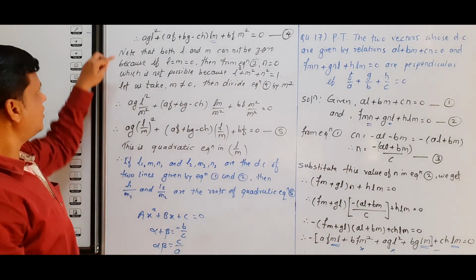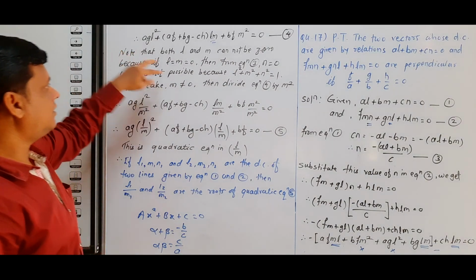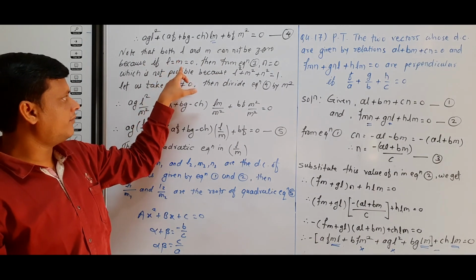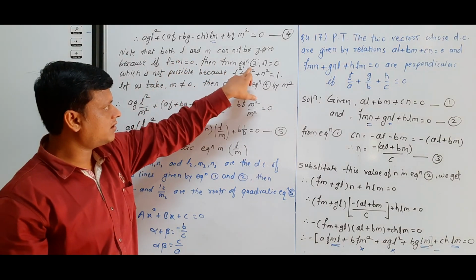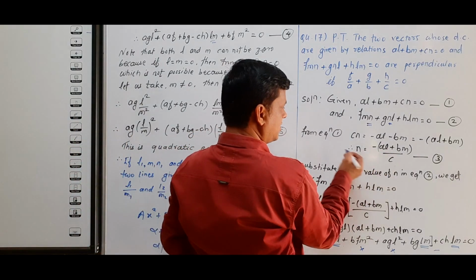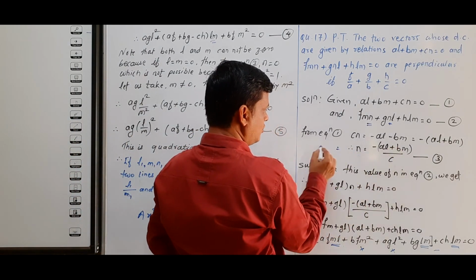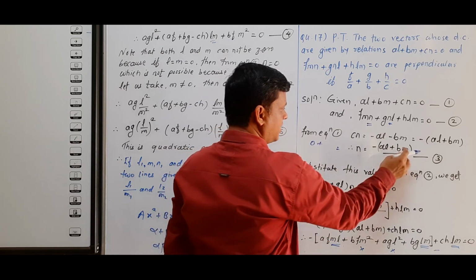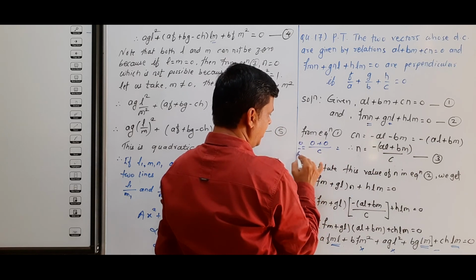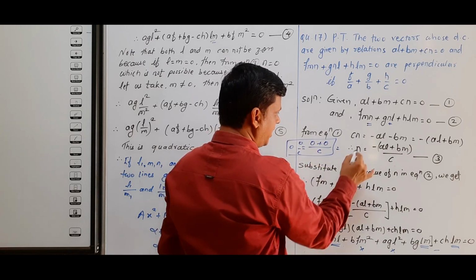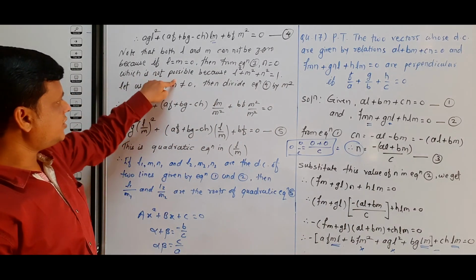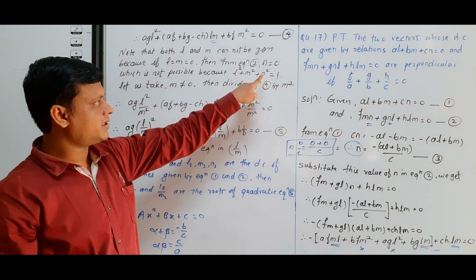So if l equals m equals 0, then from equation 3 we get n equals to 0, which we already discussed: replacing l by 0 and m by 0 we get 0, and 0 upon c, that is 0 upon any number, equals 0. That means n is equal to 0, which is not possible, because l square plus m square plus n square equals to 1.